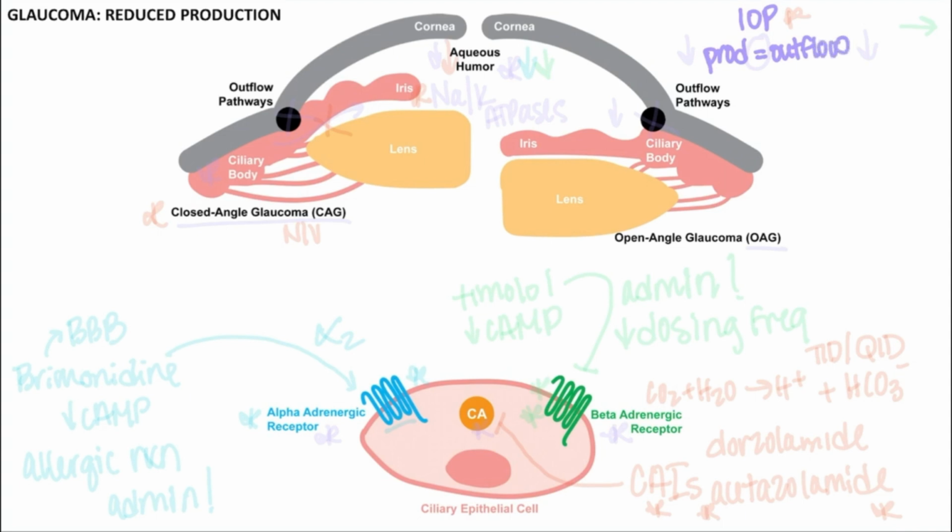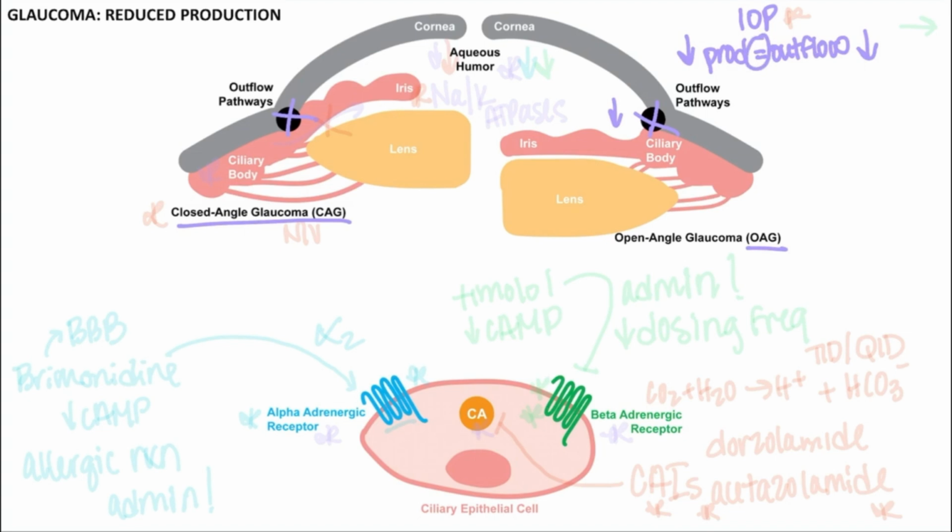In either type of glaucoma, we have some degree of reduced outflow, whether that is from remodeling in the trabecular meshwork leading to reduced outflow in open-angle glaucoma, or the iris occluding our outflow pathways in closed-angle glaucoma. But regardless, one way in which we can balance the intraocular pressure in and out is by reducing the production of aqueous humor, restoring equilibrium between production and outflow.